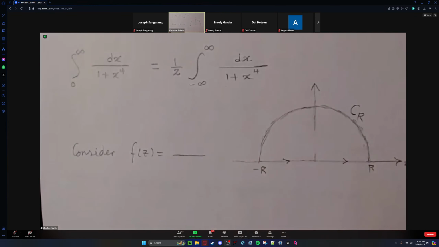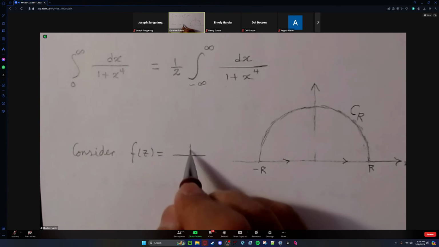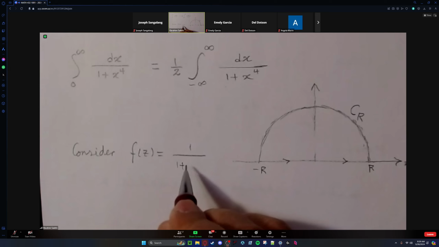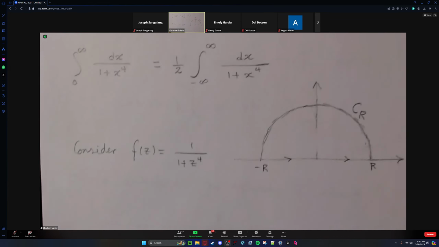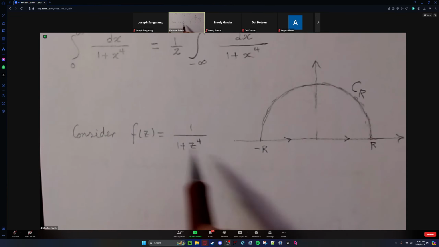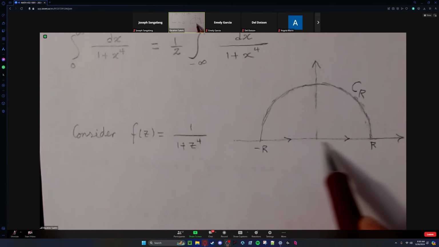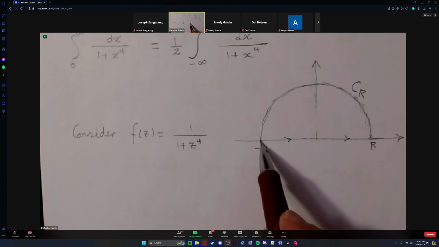Out of this, I will create f of z and integrate this over this closed curve.